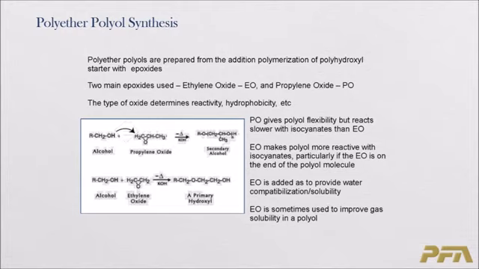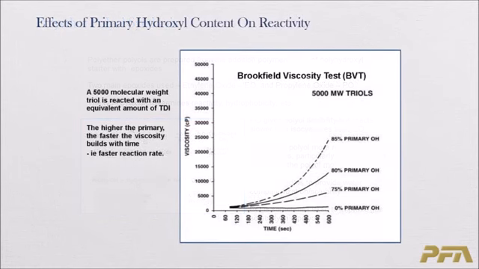The difference between the two is the propylene oxide is what gives the polymer some flexibility, but it's going to make it react slower if it's at the end of the molecule. The ethylene oxide, if it's at the end, will make it react faster, but generally people also put it internal because it helps with compatibilization with the water that's in the formulation.